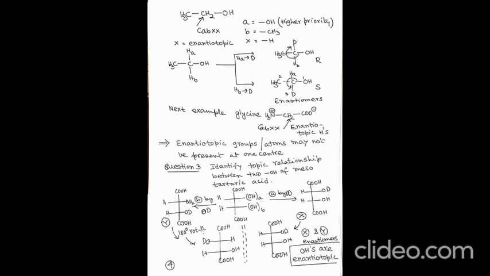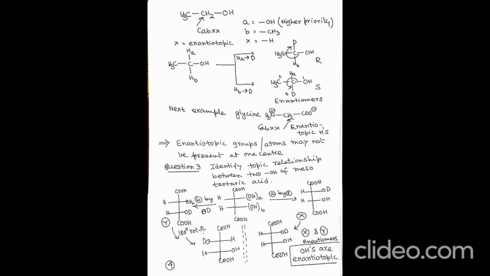If we replace one hydrogen by D, the resultant 2 molecules will have chiral centers, and one will be the R enantiomer, the other the S enantiomer. So after replacement what we are getting are enantiomers, so definitely the 2 hydrogens of CH2 will be enantiotopic.